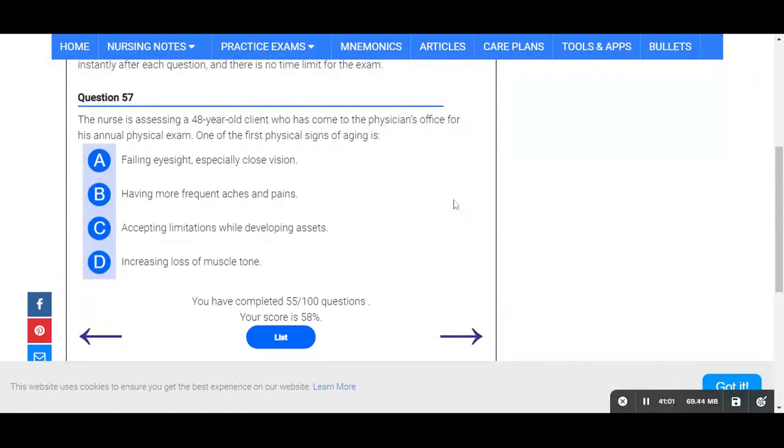Now, the nurse is assessing a 48-year-old client who has come to the physician's office for his annual physical exam. One of the first physical signs of aging is failing eyesight, especially close vision, having more frequent aches and pains, accepting limitations while developing assets, increasing loss of muscle tone.